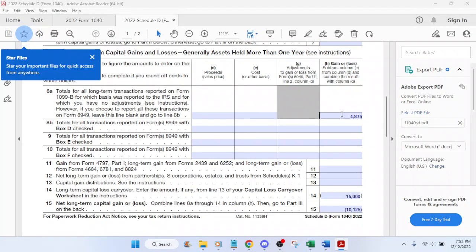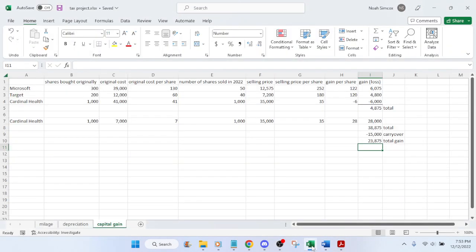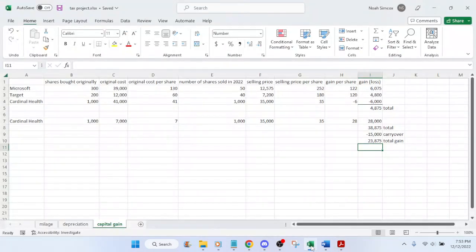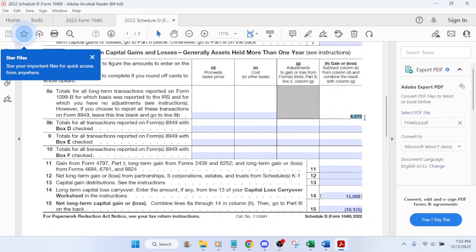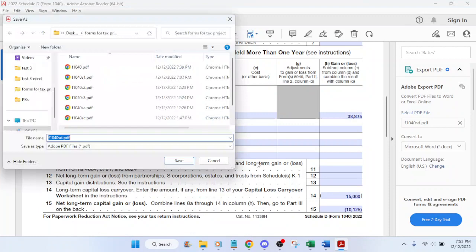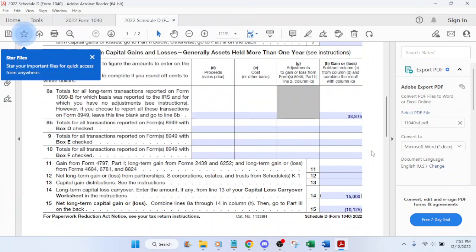So I guess we're going to have to completely redo this whole thing. It turns out our total gain is $38,875. So now we do this minus this.